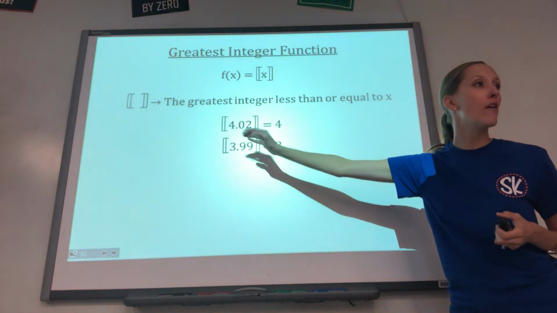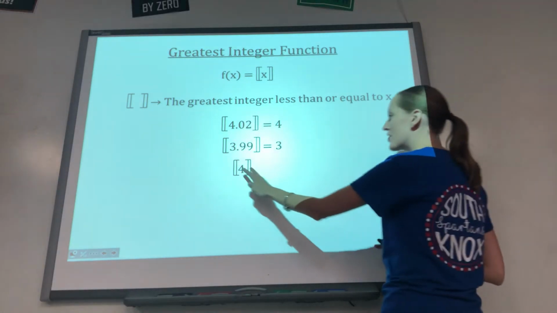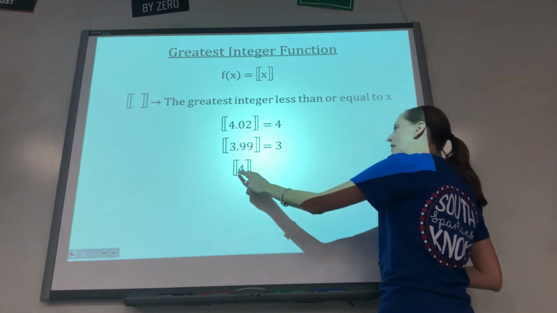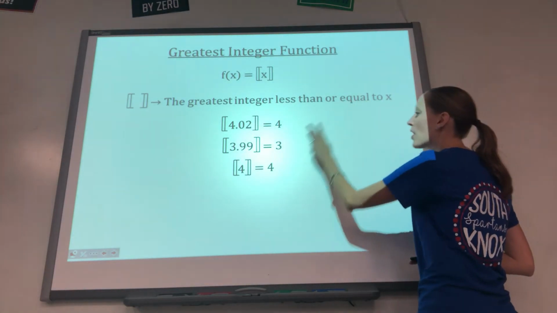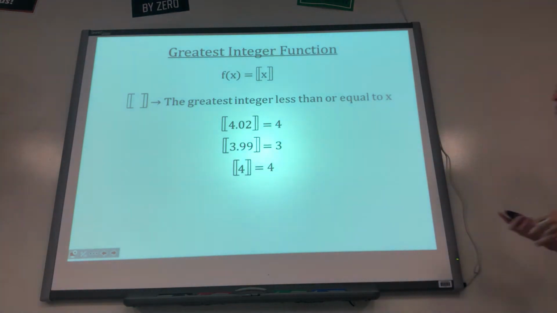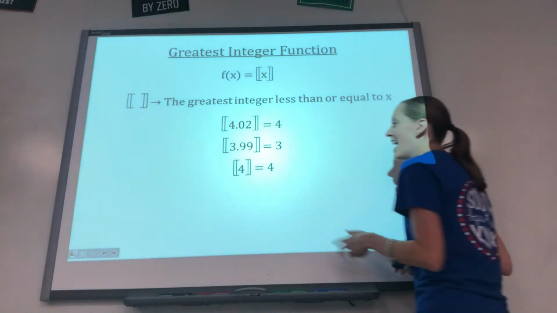You can't say 4. 4 would be bigger than that. I'm going to keep going with just a few more here just to make sure we understand. Now, if you put an integer in here, it could be less than or equal to 4. So we're just going to say 4. That would be the biggest number, less than or equal to 4.